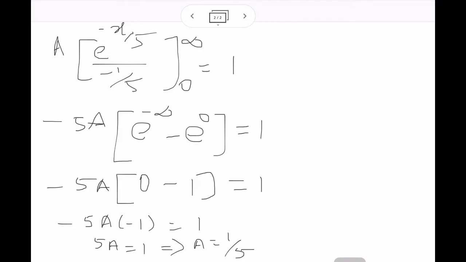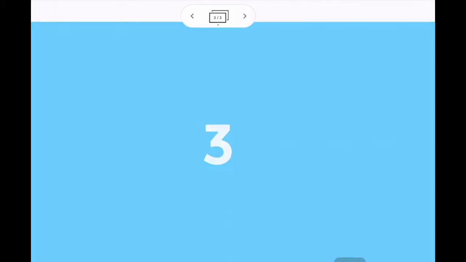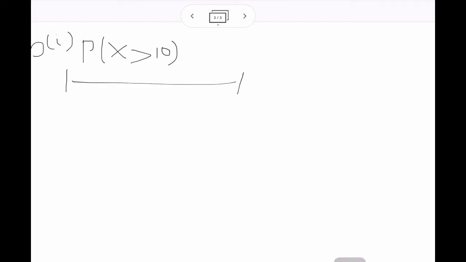Now the next part of the question, B, first portion, asks you to find the probability that the number of minutes that the person will talk is more than 10 minutes. So more than 10 minutes means what? Draw the real line. My function is defined for x greater than 0, so 0 to infinity. Here it is 10. So I want to find the probability here.